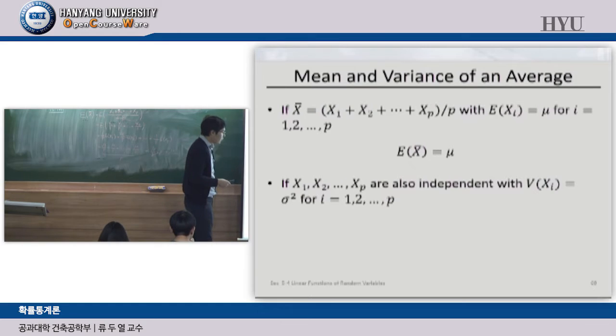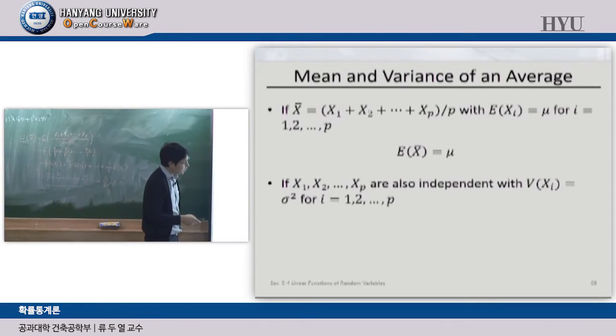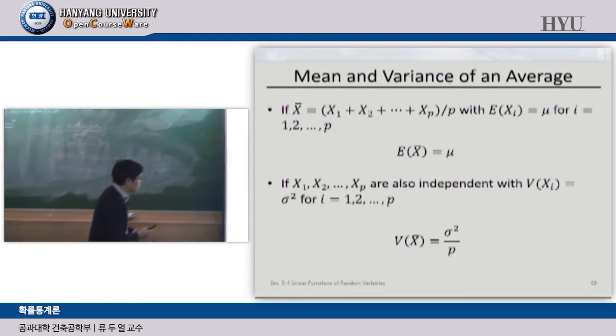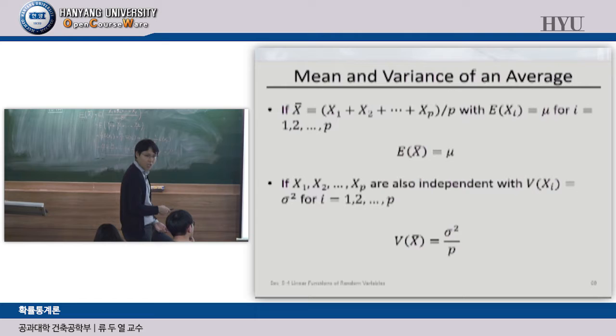And if x1, x2, up to xp are also independent with the variance of xi equal to sigma square when i is equal to 1 to p, the variance of the mean of x is equal to sigma square over p.